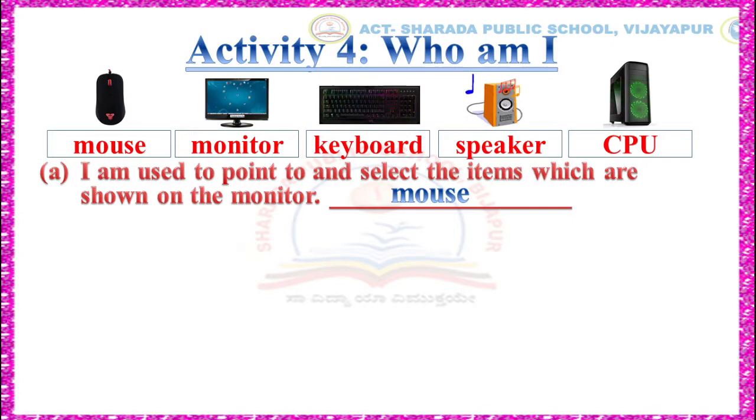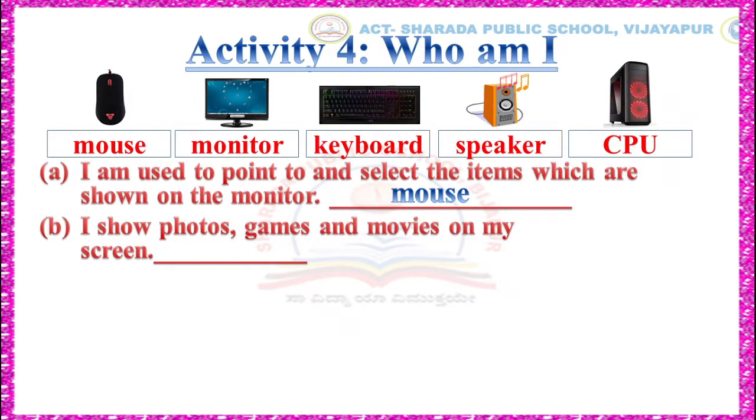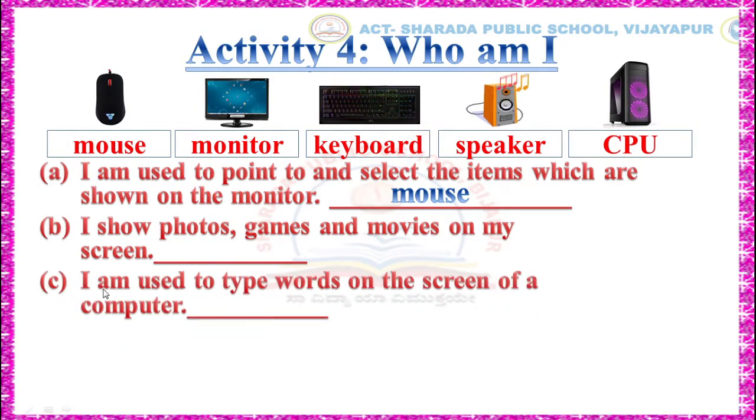I will read all the sentences for your reference. B. I show photos, games and movies on my screen. C. I am used to type words on the screen of a computer.